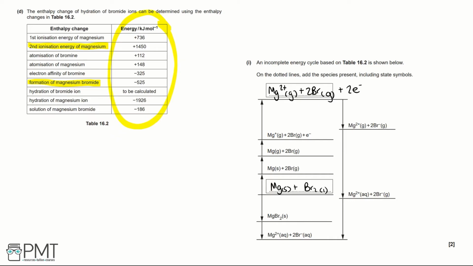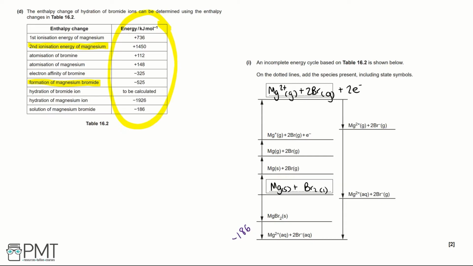So if we start at the bottom left, that's going to be minus 186, which is the solution of magnesium bromide, because you're going from this magnesium bromide solid to being 2 different ions in solution.